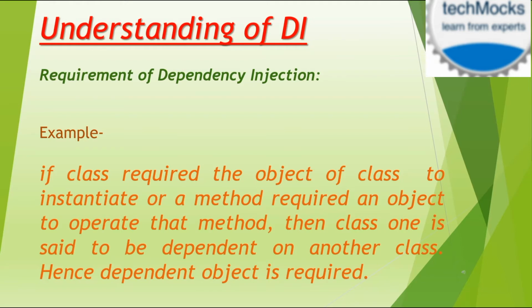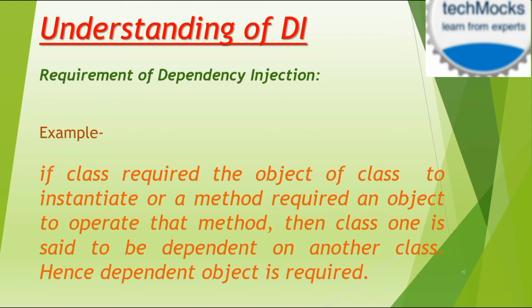If a class requires the object of another class to instantiate itself, then you can simply understand that one class object is dependent on another class object.